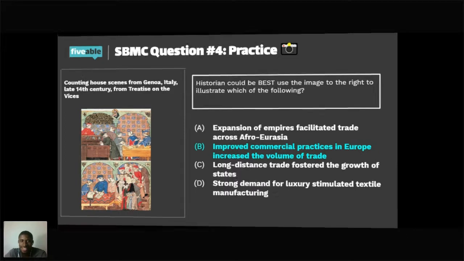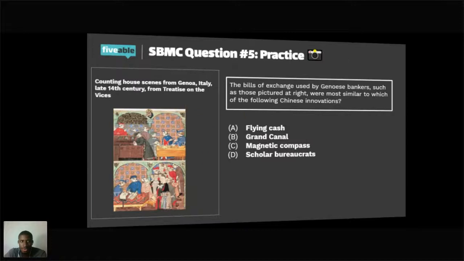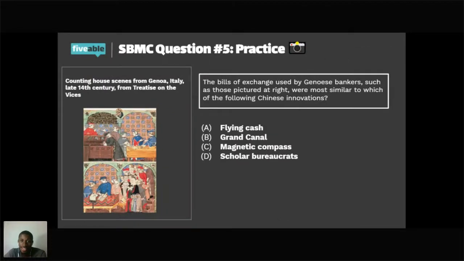Yeah. Next question. Okay, you guys should get this one. Like, come on, think about money, guys. So the bills of exchange used by Genoese bankers, such as those pictured at the right, were most similar to which of the following Chinese innovations? Think about money. Give you guys a little bit of time to answer that.